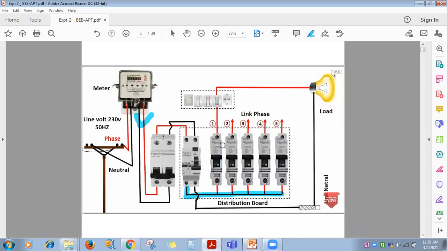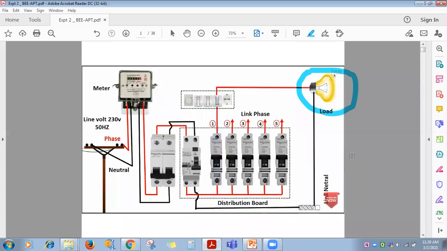Then after this single pole MCB, in this live phase a switch is connected and that terminal is connected to the load. Okay, so all of you can see here that for this lamp load, one terminal of every load through a switch and MCB is connected to the energy meter and the other terminal is connected to neutral.